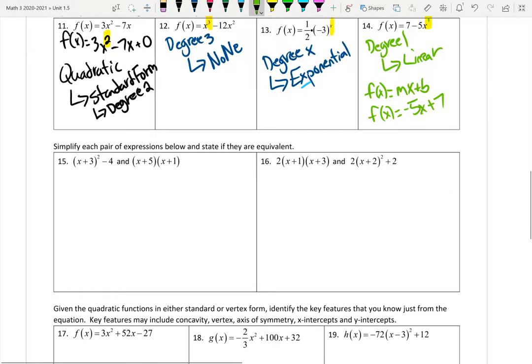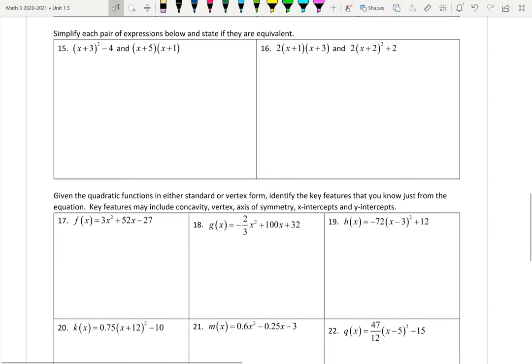Okay, this next one. Simplify each pair of expressions and see if they are equivalent. So let me just go into my autopilot mode and math it up. This first one, I'm going to always write it out in expanded form, because this basically jumpstarts my brain and tells me I need to FOIL this out.